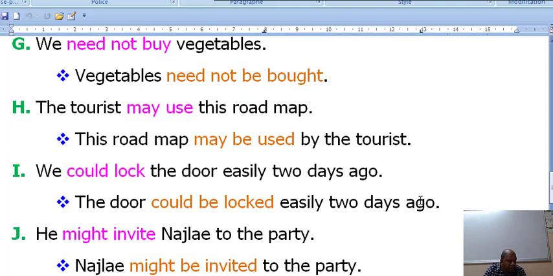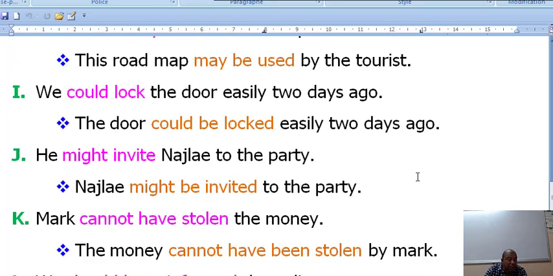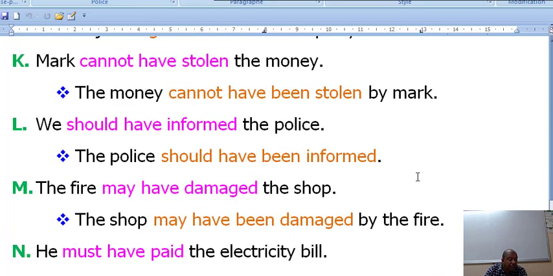He might invite Najla to the party. Najla might be invited too. So when you have might as a modal, then invite infinitive, we give it to the verb to be. Invite becomes past participle. It's regular. To the party. Now we move to the second rule, especially here you are going to find 3 elements.